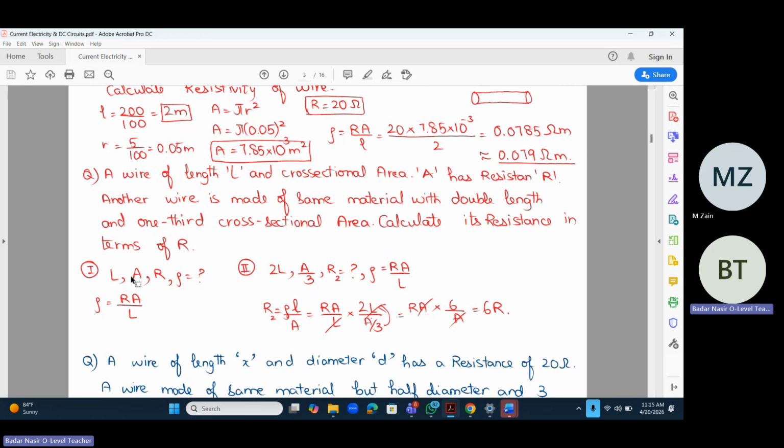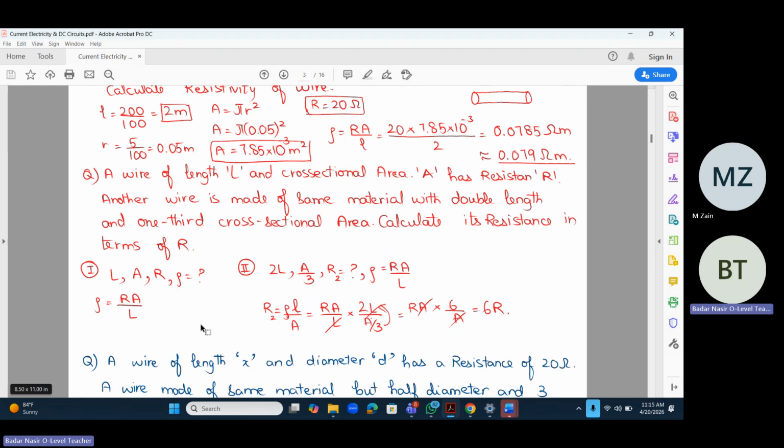The first one has length L, area A, resistance R, resistivity we don't know. The second one has double length, meaning 2L, cross-sectional area 1/3, meaning A by 3.